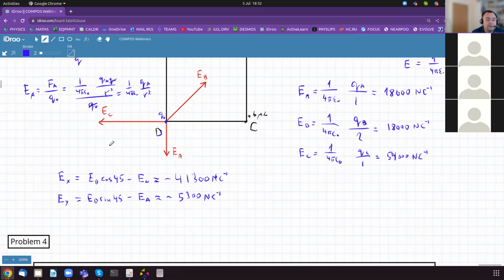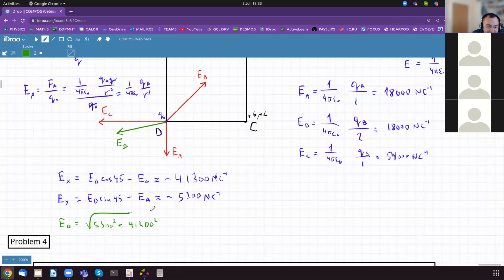Right, so we can see that the field is left and down. So the field at this point is left and down, and it's stronger in that direction. So roughly we have a field like this. We call this ED. So ED is the square root of 5,300 squared plus 41,300 squared.